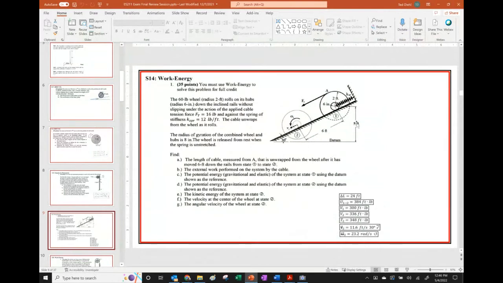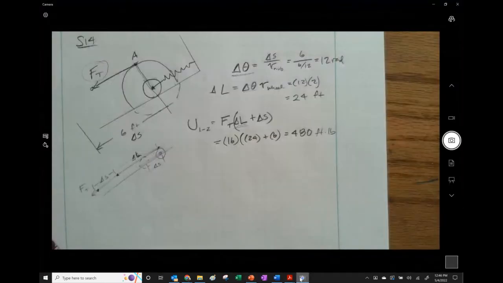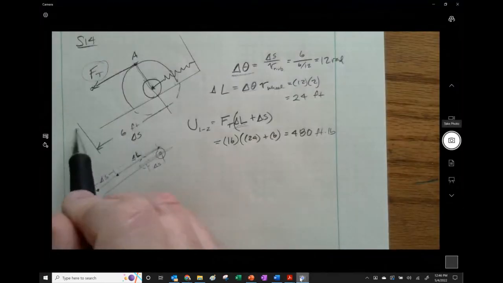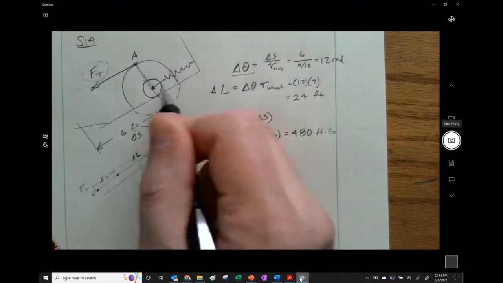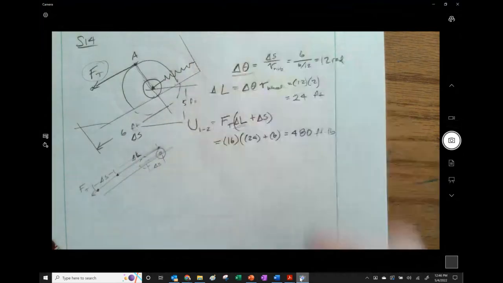So we're starting out there at 5 feet. Most of the time I probably would pick the datum at second state, but I told you what the datum should be. So we'll just say right here is 5 feet, right, onto the thing.